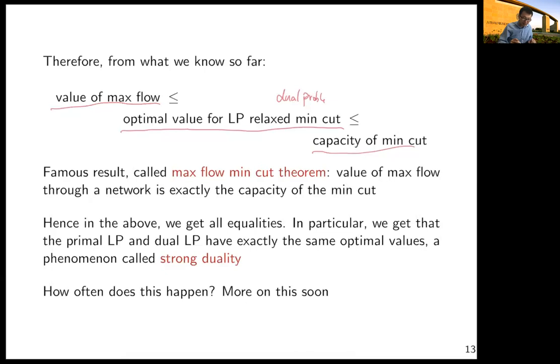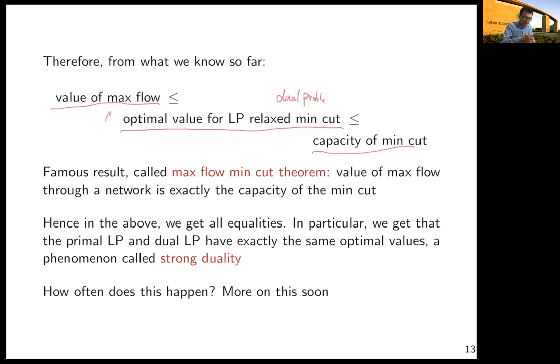Okay, so the max flow min cut theorem says that the max flow and the min cut actually have exactly the same objective value.